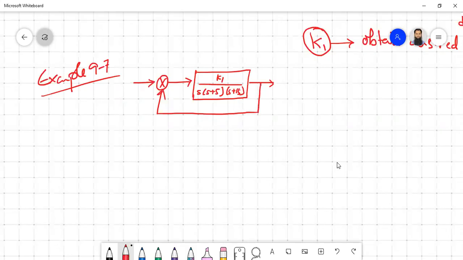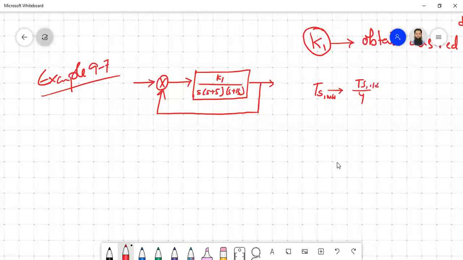What they're asking you to do is, first of all, implement a rate feedback control system compensator. At the same time, using that, your new settling time has to be one fourth of your previous or old settling time.